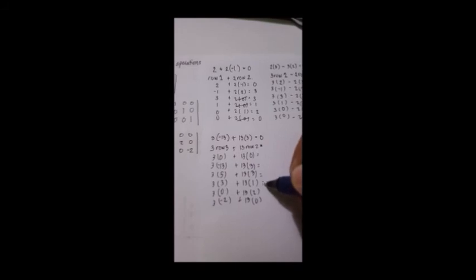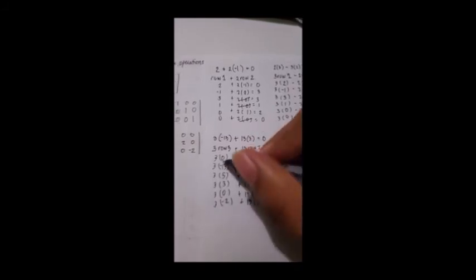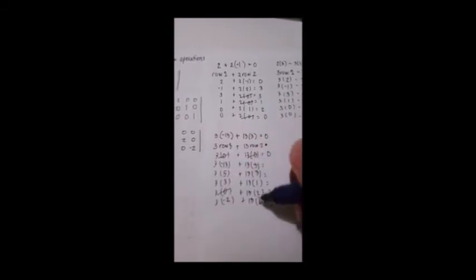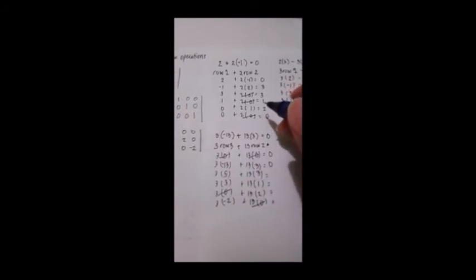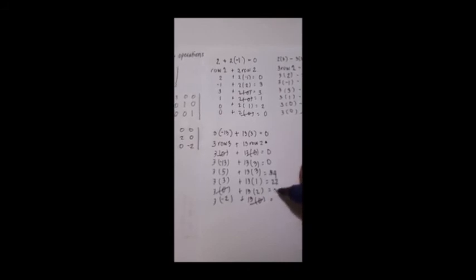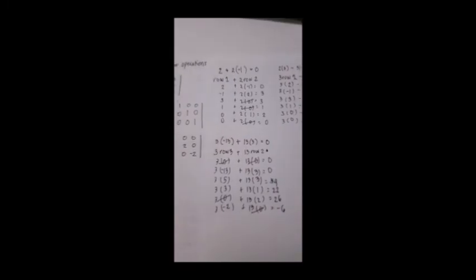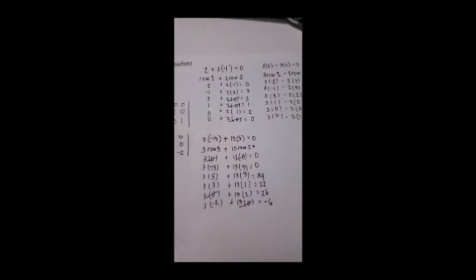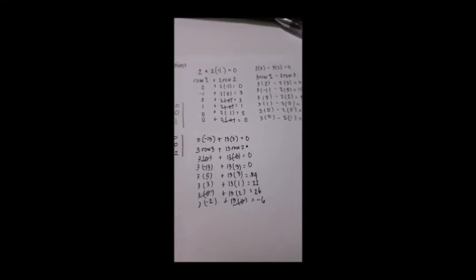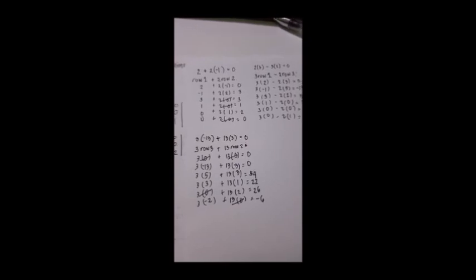Okay, solving that, we now get this is 0, that is 0, that is 0, that is 0. This will be 0. And we have 54 and 22, 26, and negative 6. So, yan na yung magiging bagong members ng row 3. Kasi yun yung transform natin.